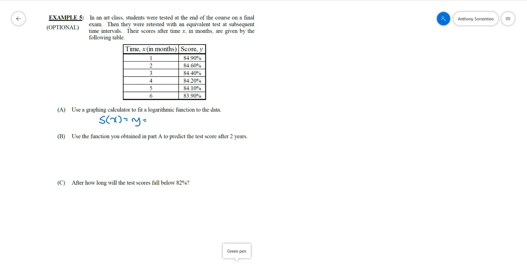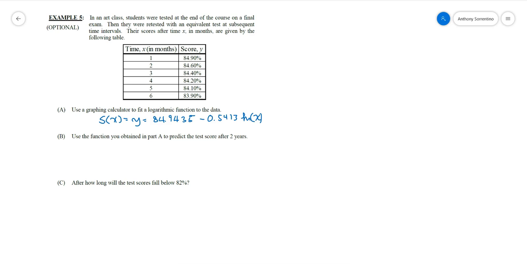That's going to be 84.9435 minus 0.5413 times the natural log of x. That would be my logarithmic function that fits to this data best.